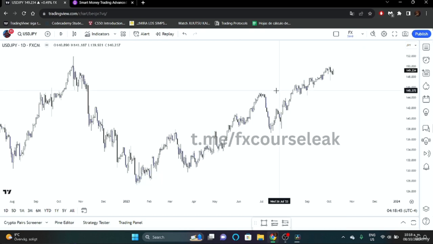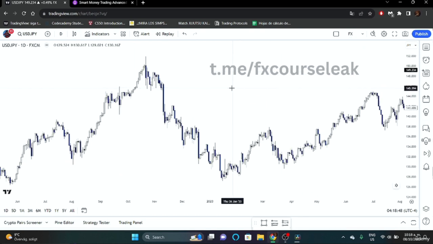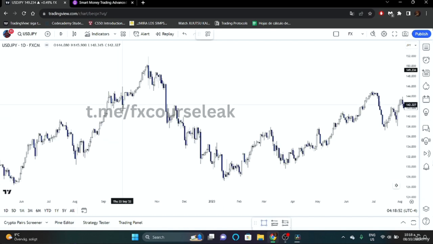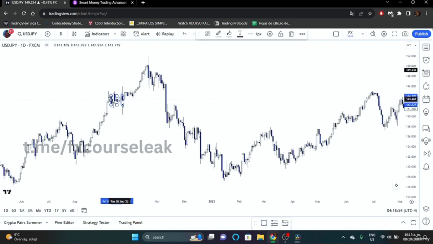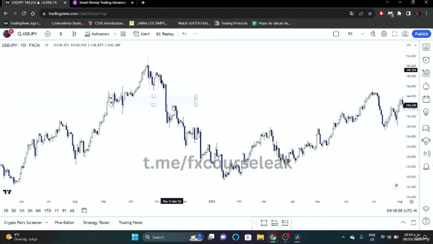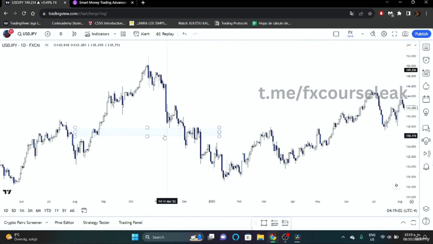But note something about this. Can you see here some pattern? The same places where price accumulated at, it's the same places it's going to try to accumulate at as well. It accumulated here, it starts accumulating there over again.